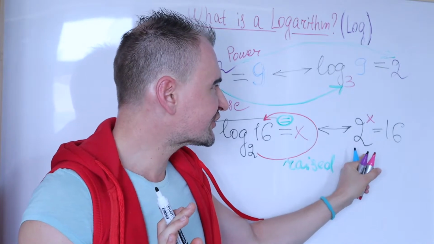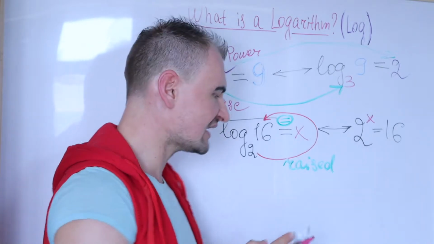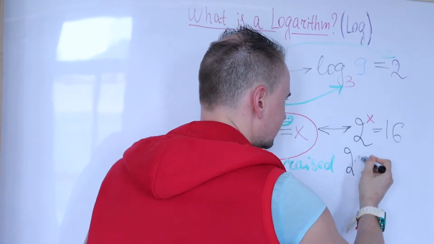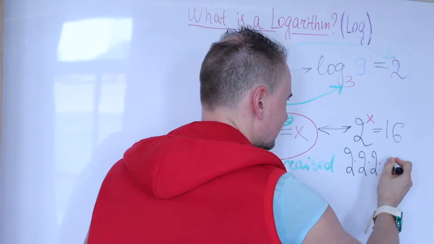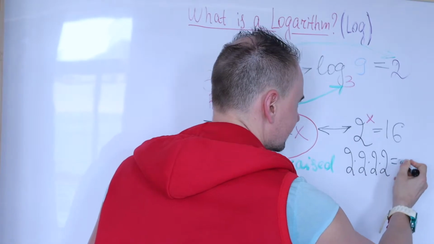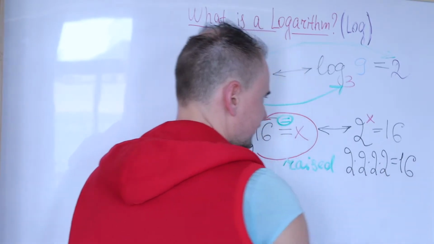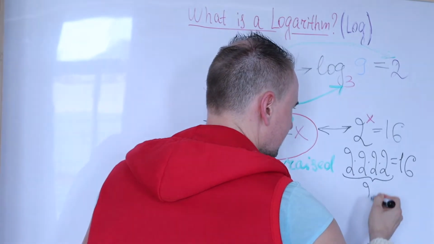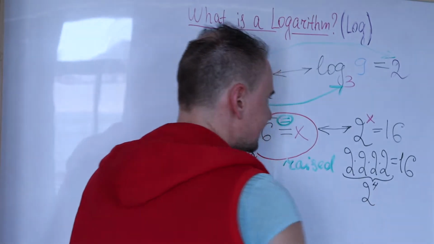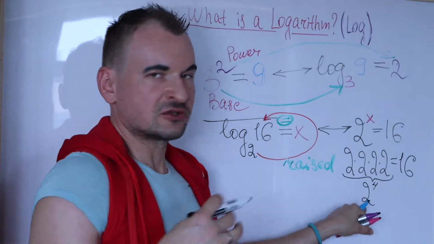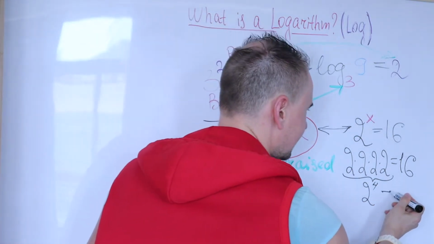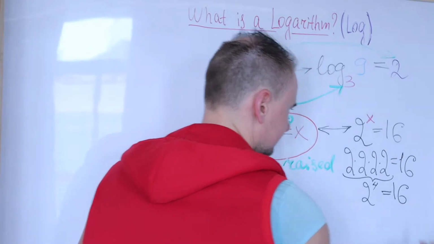And since 16 is 2 times 2 times 2 times 2, 4 times, it's basically 2 to the 4th power. 2 raised to the 4th power is the same thing as 16.